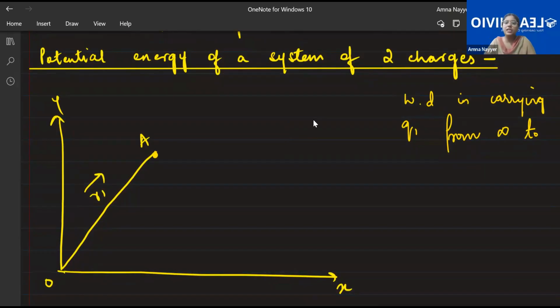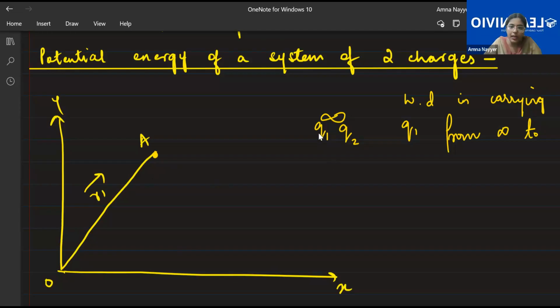See, potential energy of a system. First, I am just taking two charges. So at infinity, I have two charges, Q1 and Q2. I have just drawn it in a graphical manner, but the concept is still the same.